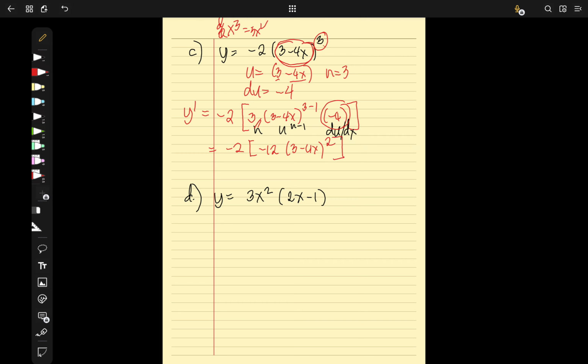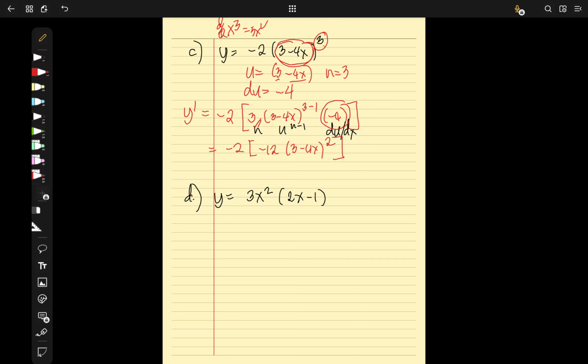Because I have two separate functions, f of x times g of x. f of x is 3x squared, then g of x is 2x minus 1. I multiplied them, so it is u times v.